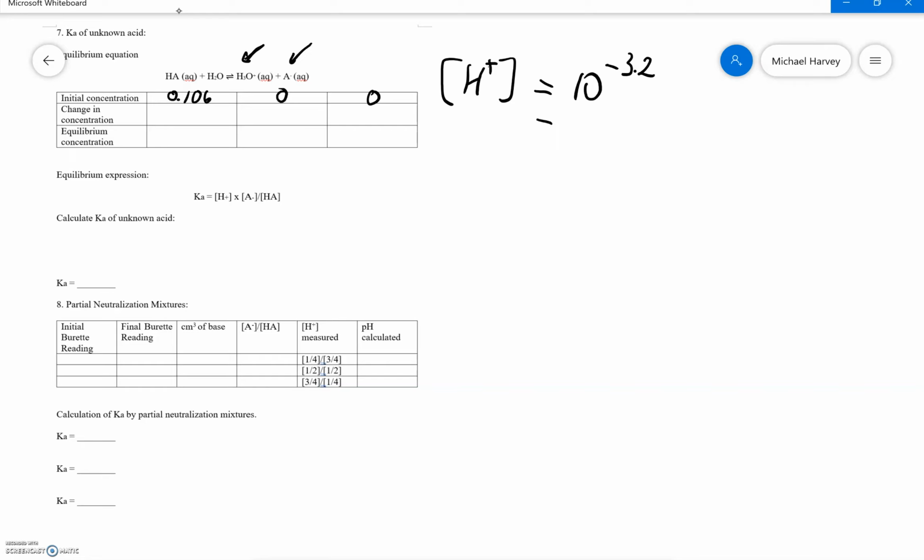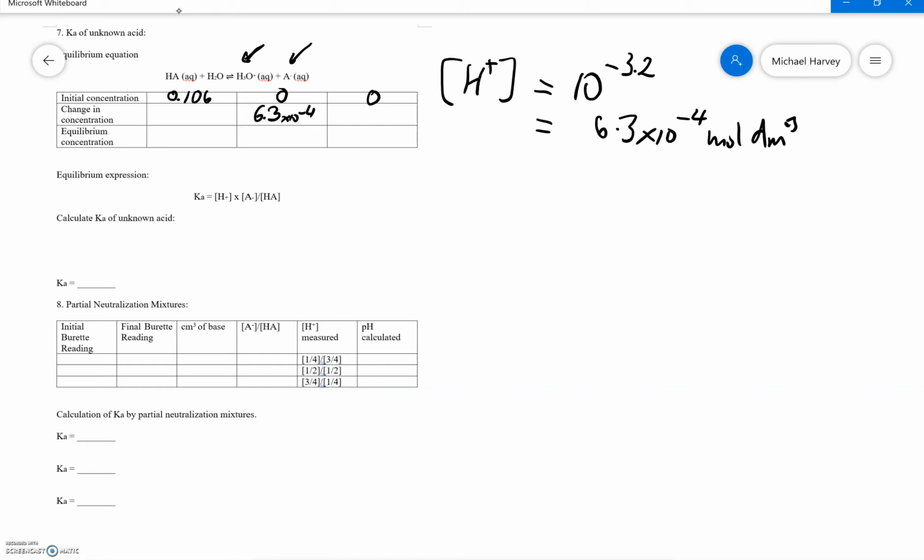So the concentration at equilibrium for the proton ion in the solution, if you plug in the numbers, is 6.3 times 10 to the negative 4 moles per decimeter cubed. Okay, so we can plug that into our equation, 6.3 times 10 to the negative 4.